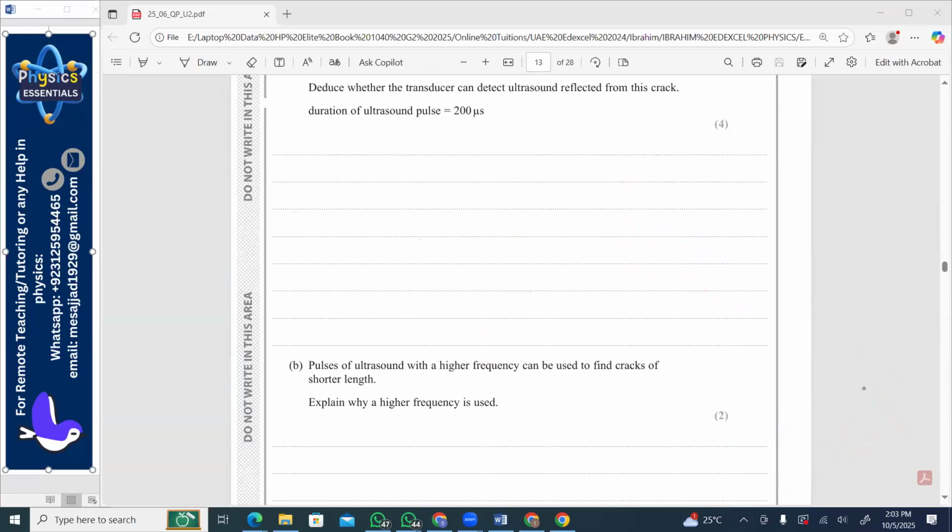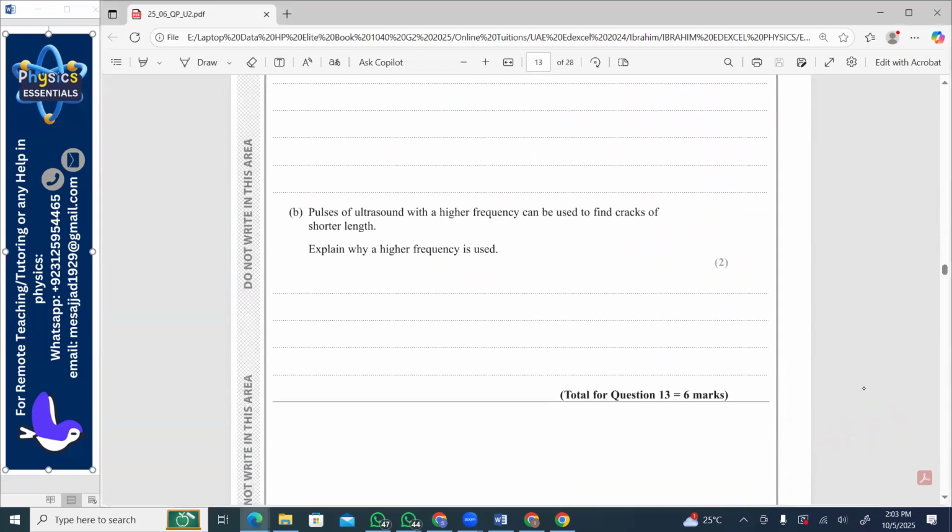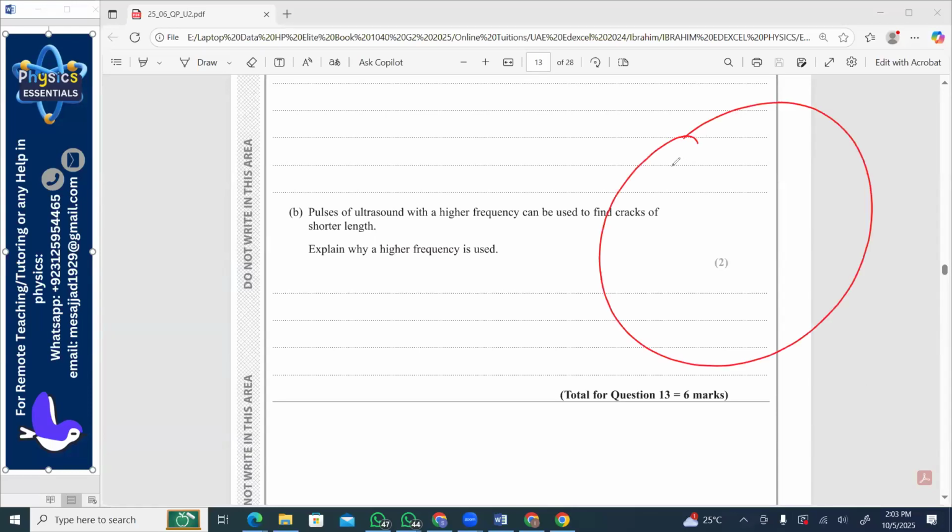Pulses of ultrasound with higher frequencies can be used to find cracks of shorter length. Okay, so shorter length means good resolution. For example, if this is a big picture and you want to see this dot by zooming in, you have to use a camera with a very high resolution, very high quality.